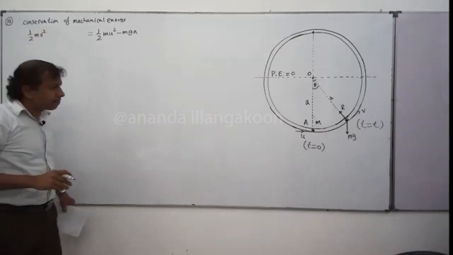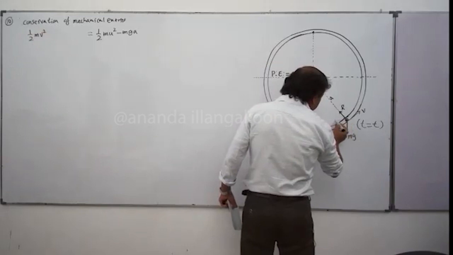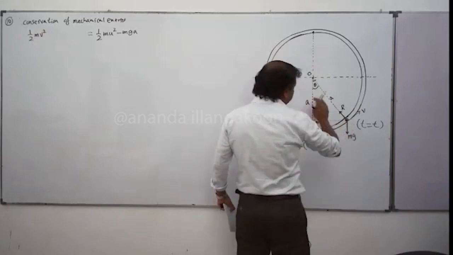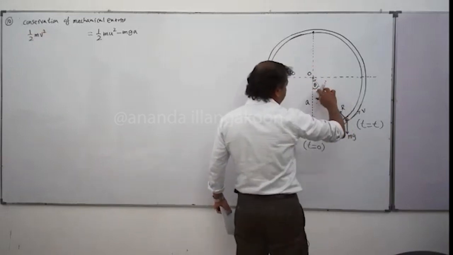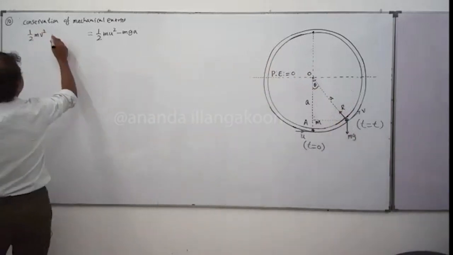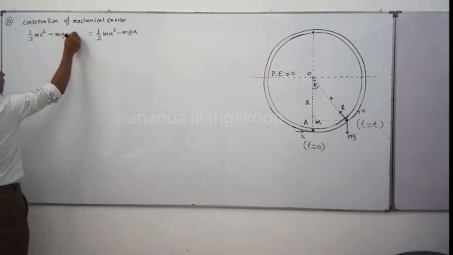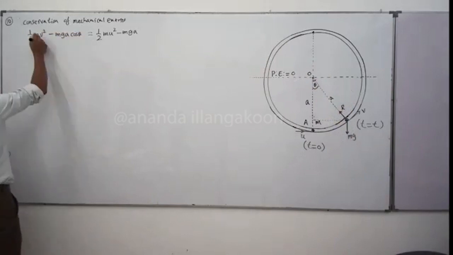plus, when we draw a line like this, the height is a cos theta, so minus m g a cos theta. m can be cancelled.